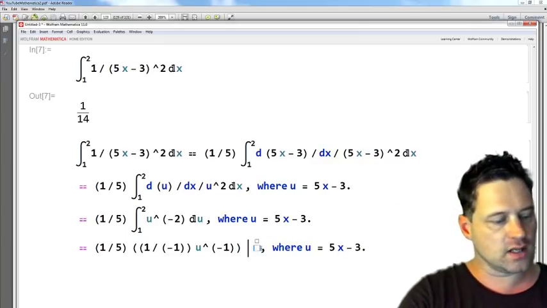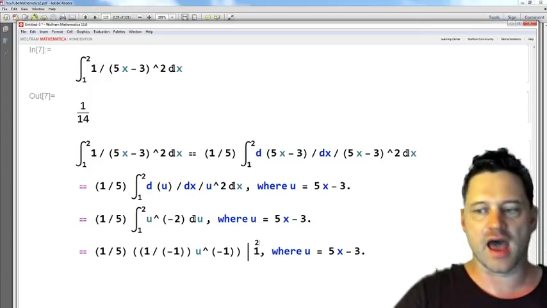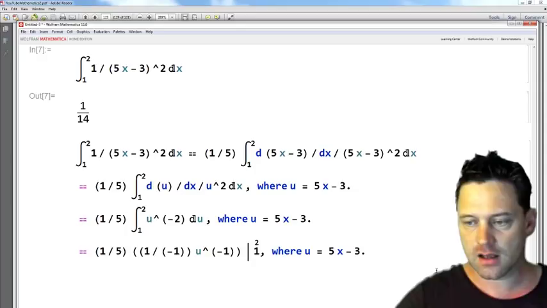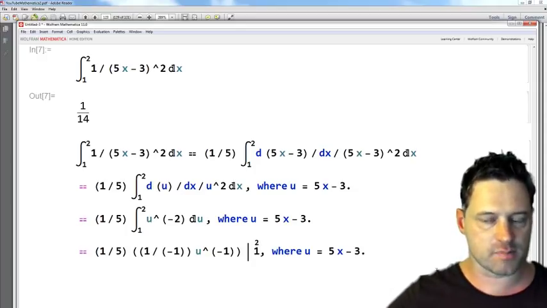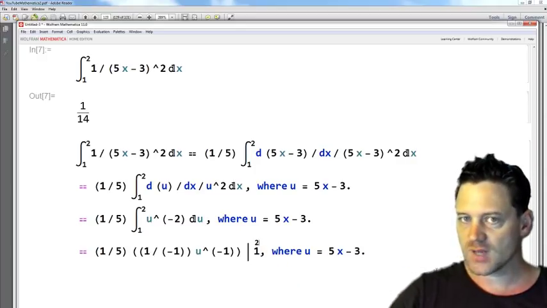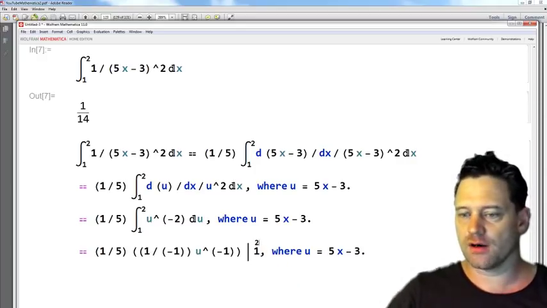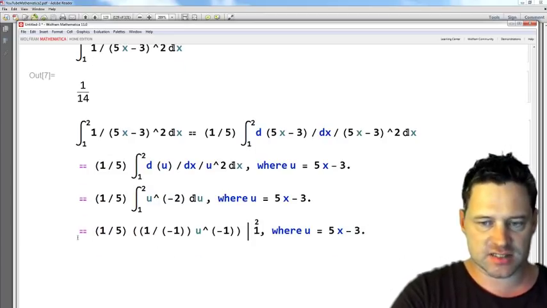So let's say from 1 to 2. Something like that. Now this is really bad because I didn't have the option to type this out properly, but this is sort of the best I can do from within this window. Now that we have that, let's do some simplifying.